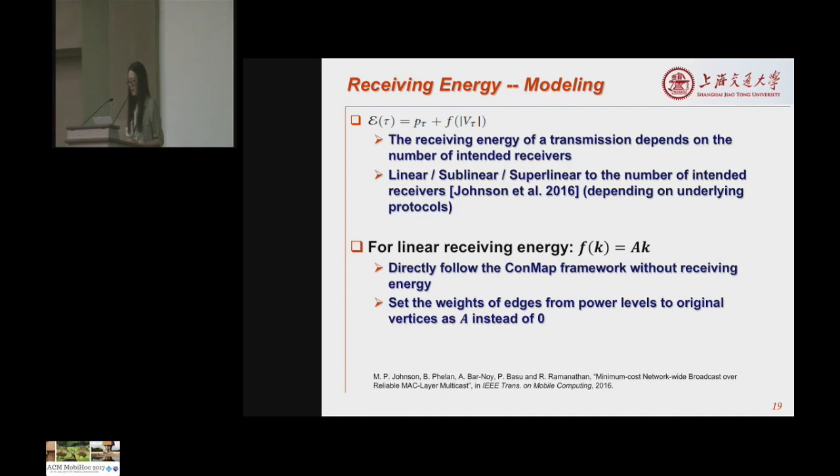For linear receiving energy, the function f can be formulated like this. It directly follows the ConMap framework without receiving energy by setting the weights of edges from power levels to original vertices as A instead of 0.